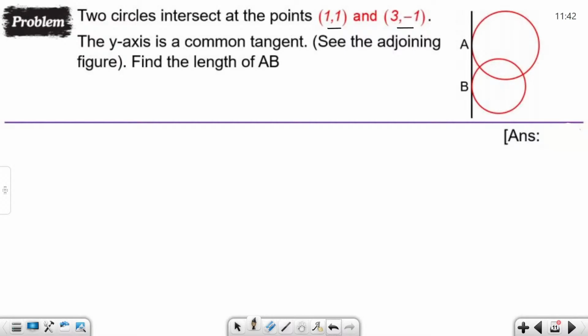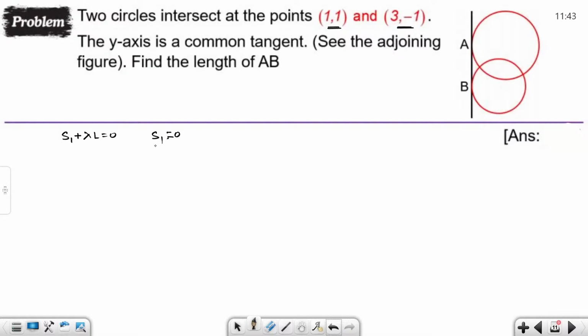The method is that when we know that a family of circles passes through two given points, we can find out that family by writing S1 plus lambda L equals to 0. What is S1? S1 is basically the equation of the circle whose extremities of the diameter are (1, 1) and (3, -1). So we know the equation of the circle S1. I'm not doing it because I'm not going to do this sum in this method. I'm simply giving you the hints.